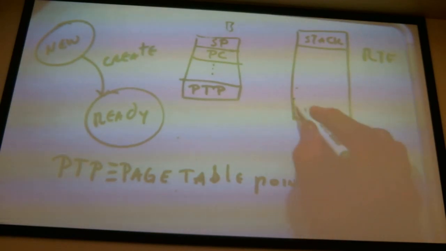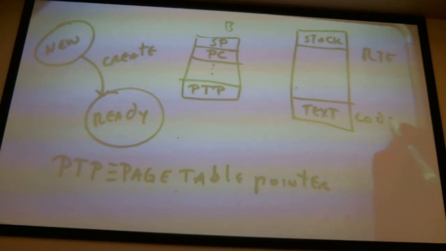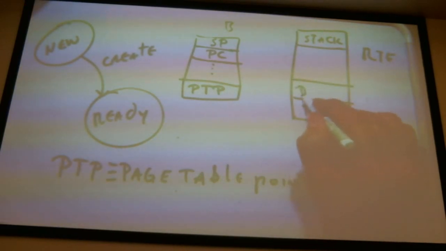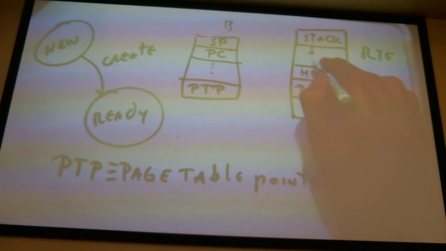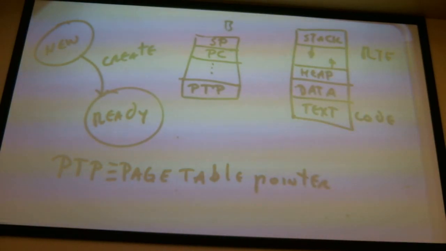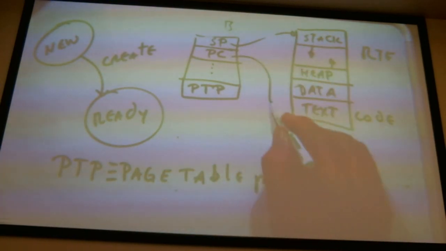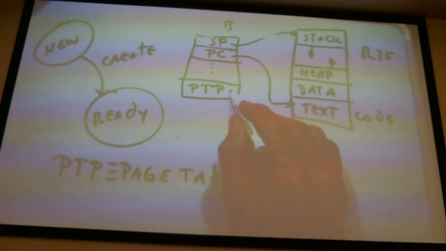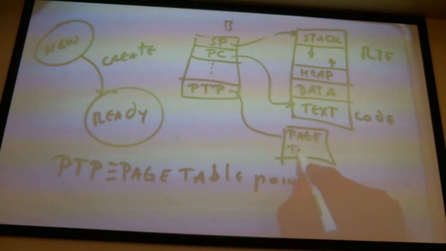And here we have the text, also known as code. We have the data. We have the heap. They grow this way. So the stack pointer points right there. The program counter points here, and the page table pointer points to the page table that is somewhere in memory in the OS area.